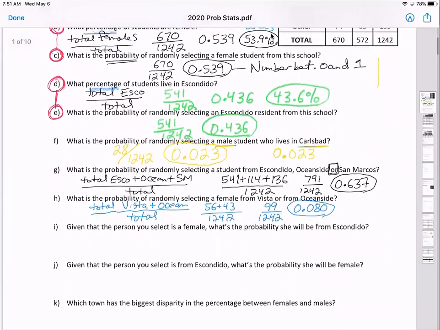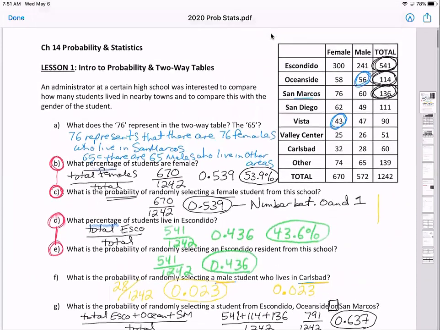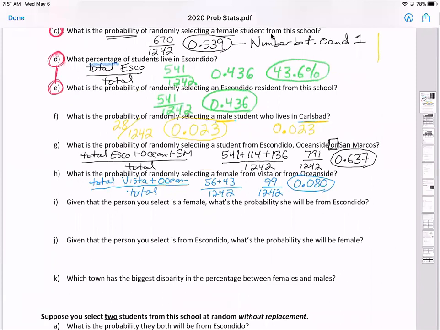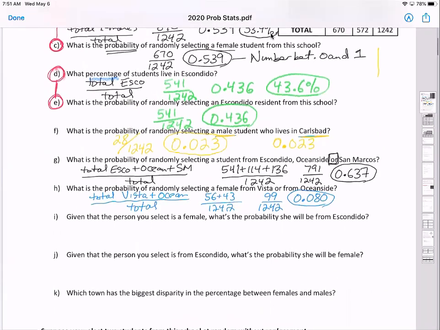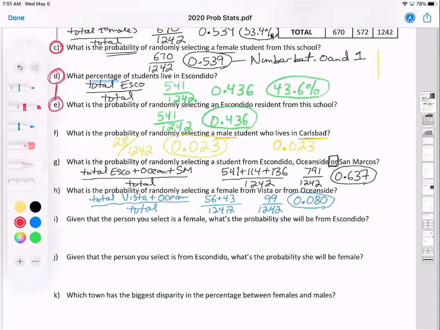All right, the next two questions, I'm going to change it up a little bit. So let me get the table all set. The next two questions say, given that the person you select randomly is a female, what's the probability she'll be from Escondido? So this term right here is a big, big important word, given, and we're going to see it on the next two.